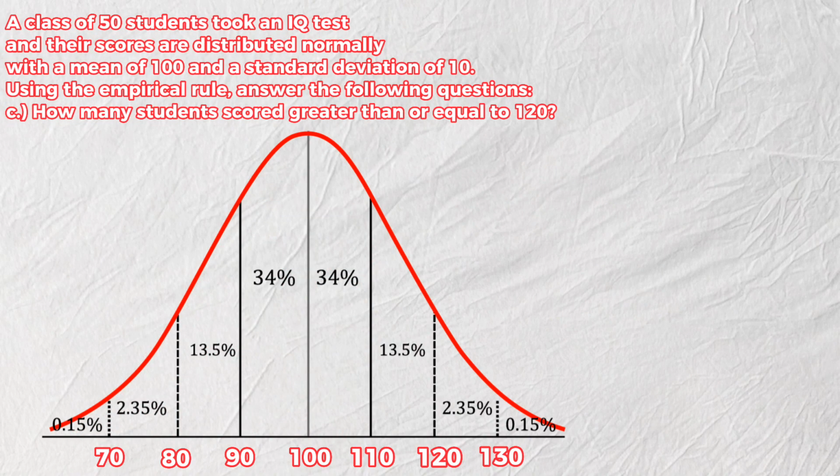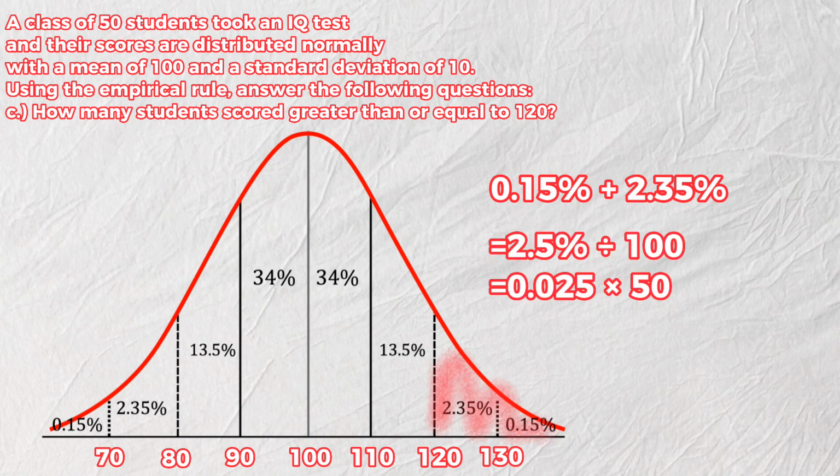Next, how many students scored greater than or equal to 120? For this, we are going to get the percentage of intervals from 120 up to the highest score. Just add 2.35% and 0.15%, and you will come up with 2.5%. Convert it into decimal and we will have 0.025.